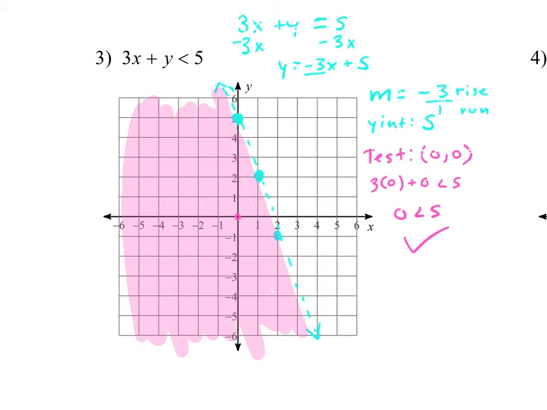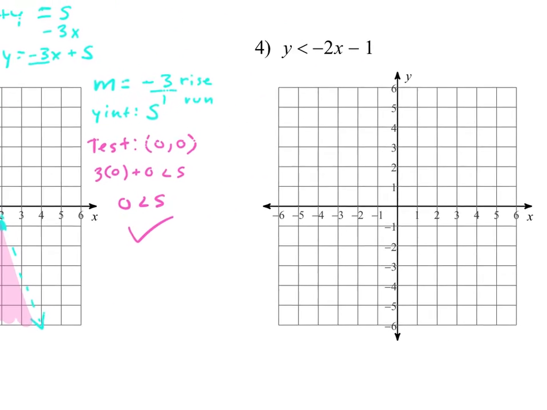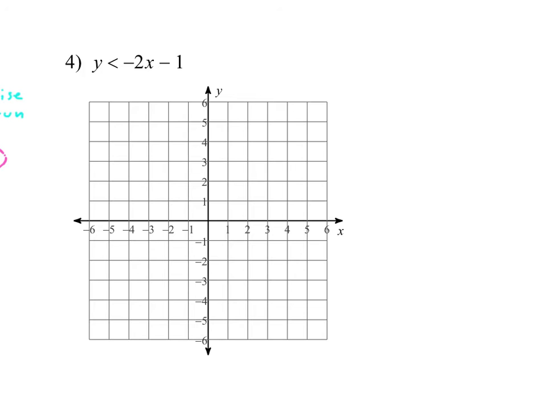Angelina, what do we do first here? Look for m. So what's our m? -2. Remember, m is in front of the x. And then what's our y-intercept? -1. Perfect, thank you.